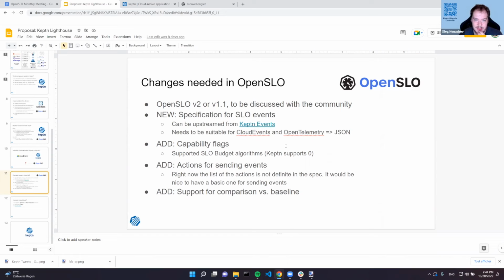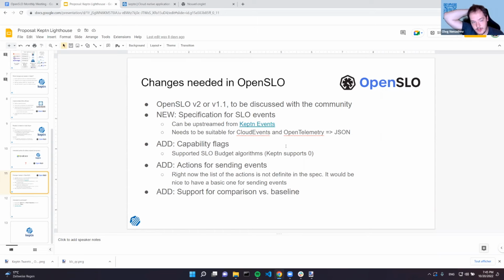To some extent, OpenSLO already supports it by percentages, but some explicit definition would be nice, because in Captain we can do percentages against the previous evaluation, like OpenSLO suggests, but also against the baseline through a separate format definition. So these are the key gaps I was able to identify through the research.